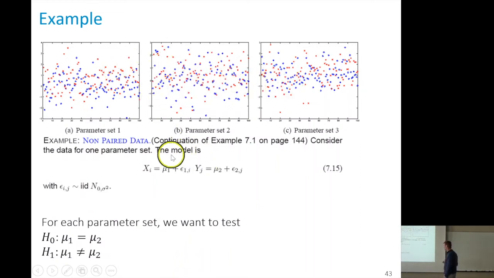One way to model this is to say I model the blue points, the x, for example, as being some value, mu1, plus noise, and the same for the red point. So I have an x set of data and a y set of data here.